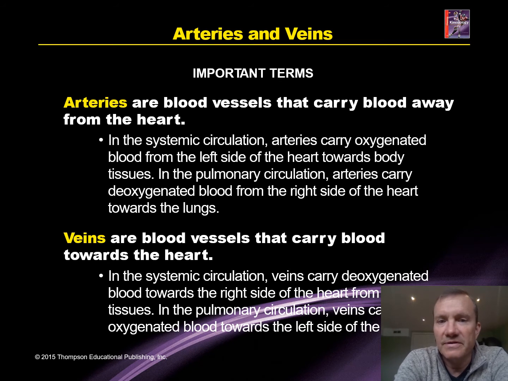Veins are those blood vessels that carry blood toward the heart. So in systemic circulation, veins carry deoxygenated blood towards the right side of the heart. And then in pulmonary circulation, veins carry oxygenated blood towards the left side of the heart. Okay, so arteries are away, veins are towards.